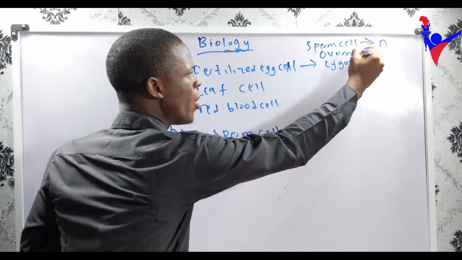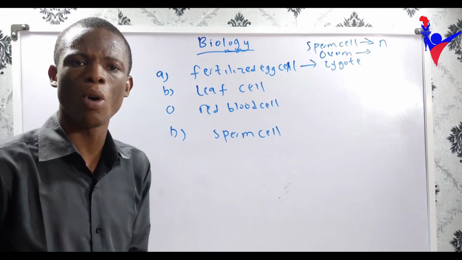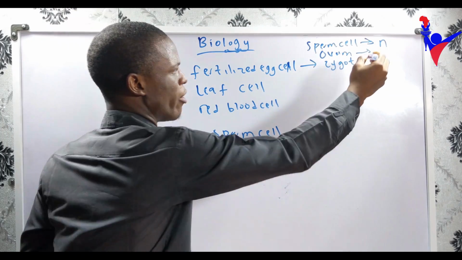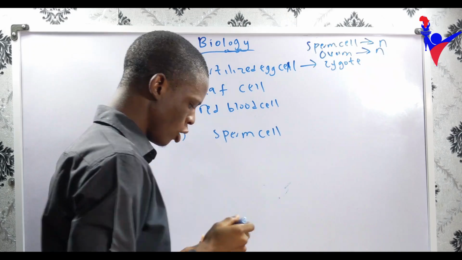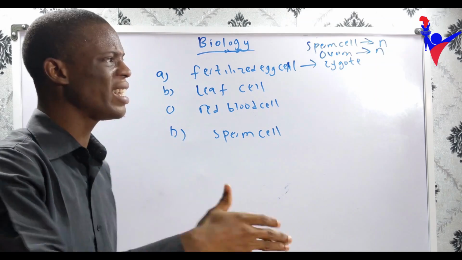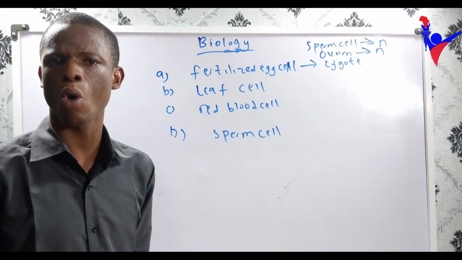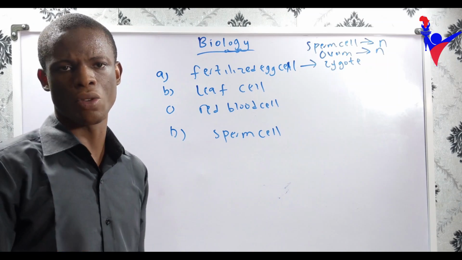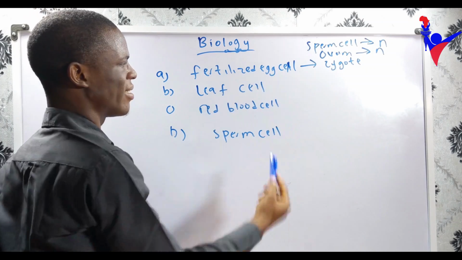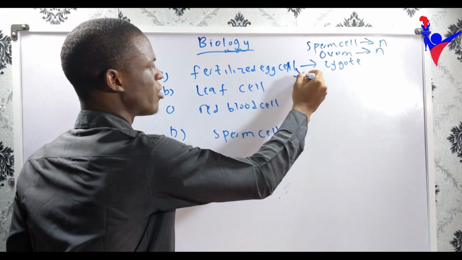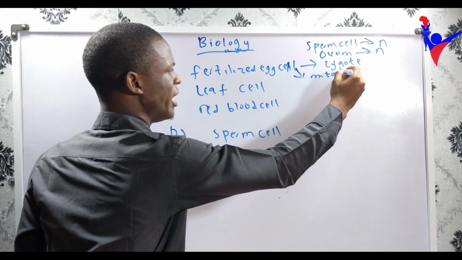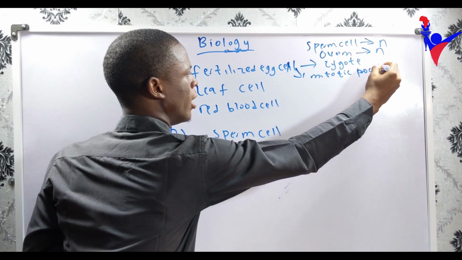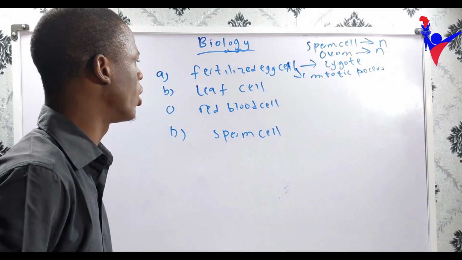The ovum also has a haploid number of chromosomes, represented by N. So when we have the fusion of N and N, we have 2N, which then divides by mitosis. So a fertilized egg cell is a result of mitotic division. We have a mitotic process in a fertilized egg cell.